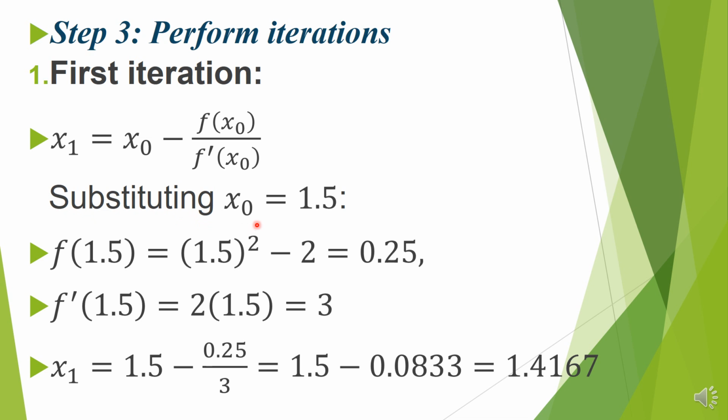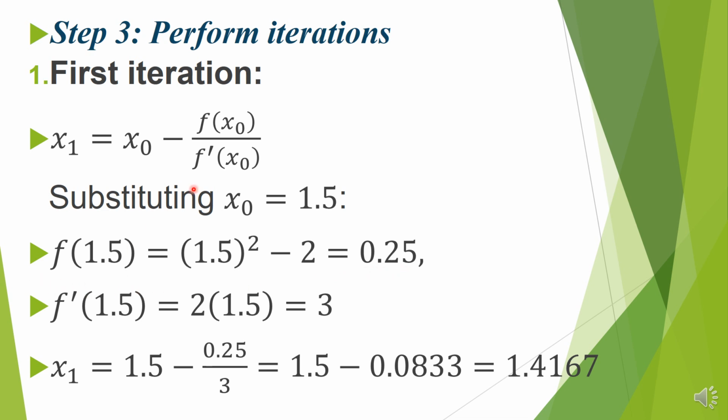Substituting x naught equal to 1.5. Now according to the formula, first we will find f of x, and you can see here the function is given. We put the value of 1.5 in the function, then we simplify, we get 0.25.